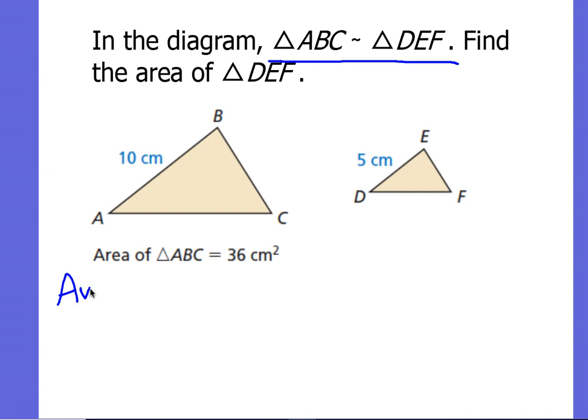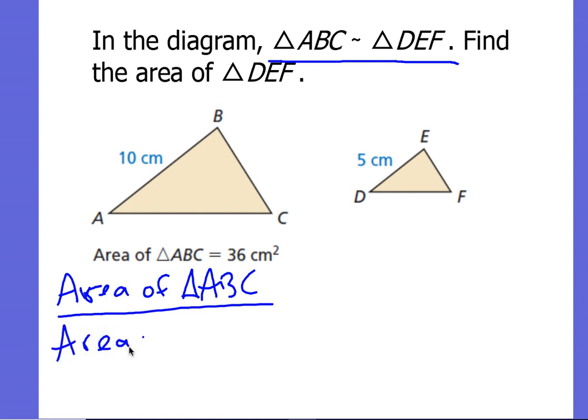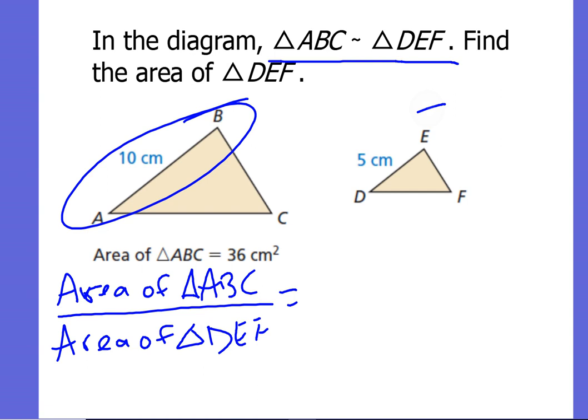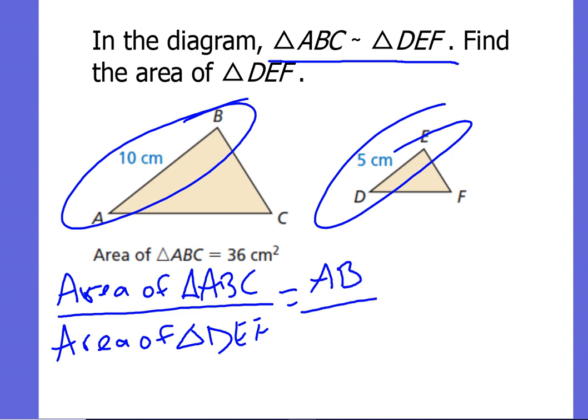So the area of triangle ABC is to the area of triangle DEF, and that will be just as a side length, all right? I'm given information about AB and about DE, so I'm going to use those two. Just as the side length of ABC is to its corresponding side length of DEF.